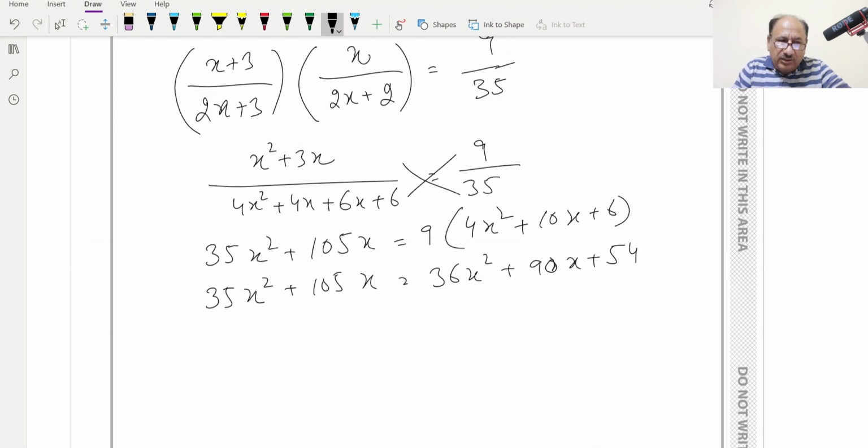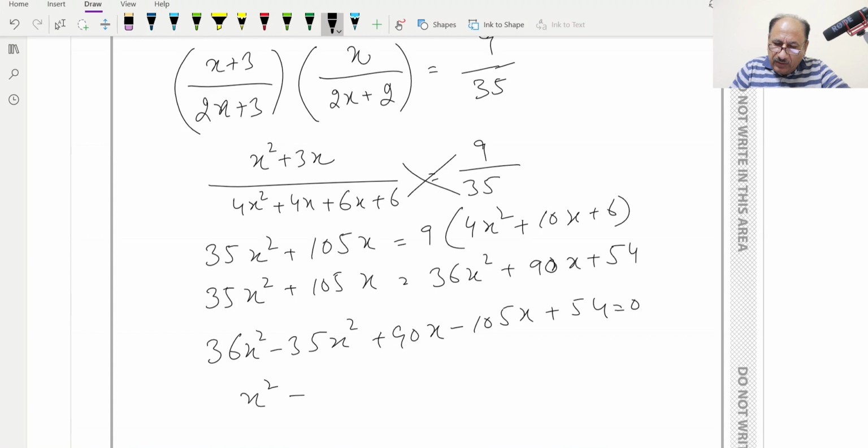And further we can simplify, we can shift everything to the other side. So 36x squared minus 35x squared, and plus 90x minus 105x, plus 54 is equal to 0, and our equation will be x squared, and plus 90 minus 105 will be minus 15x, plus 54 is equal to 0.